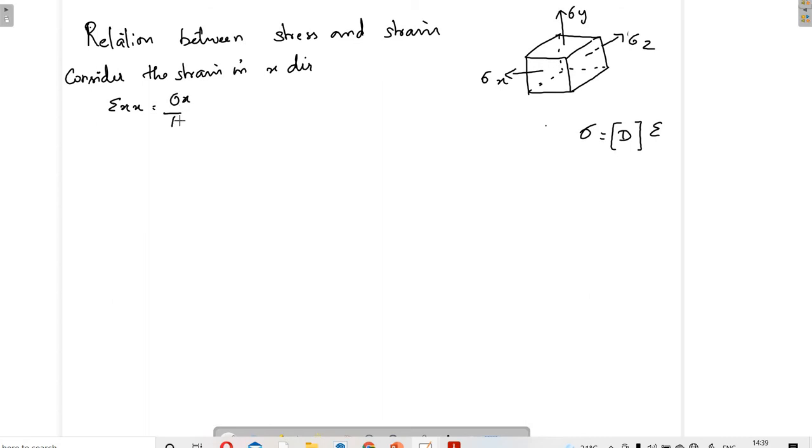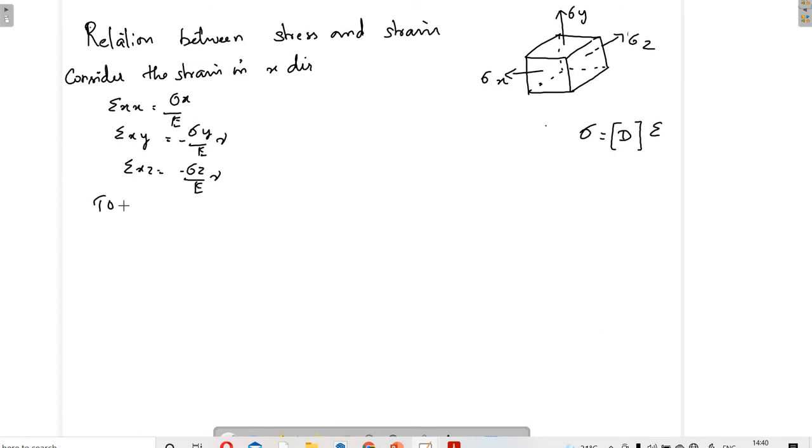So sigma x by E. At the same time, the strain in y direction by considering the loading in x direction, it is sigma y by E into nu. It is also in the opposite direction. Next one, epsilon xz, it is minus sigma z by E nu.